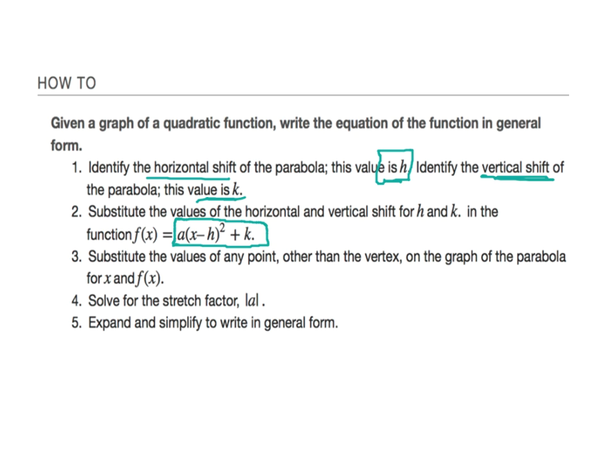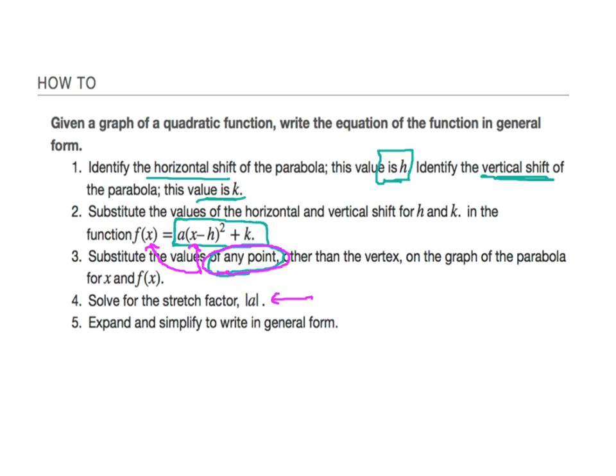And you can figure that out by grabbing any other point on the parabola and plugging it in. You choose any other point on that parabola and you plug it in for your x and your f of x values. And then at that point, the only value that you don't have solved for is the a value. So then you just solve for a.